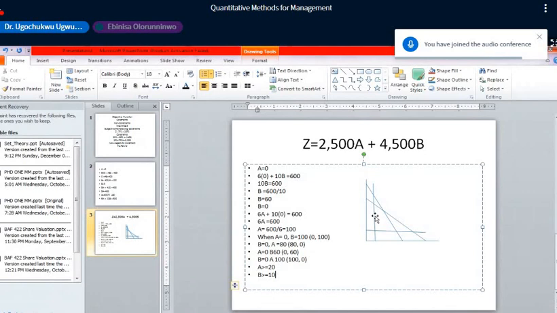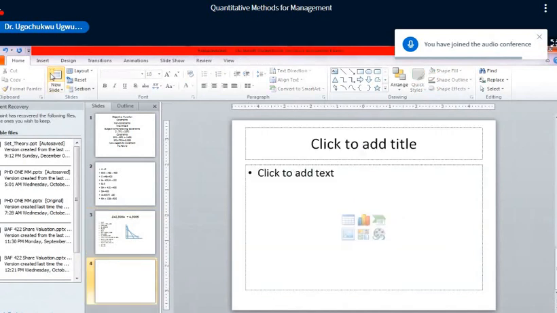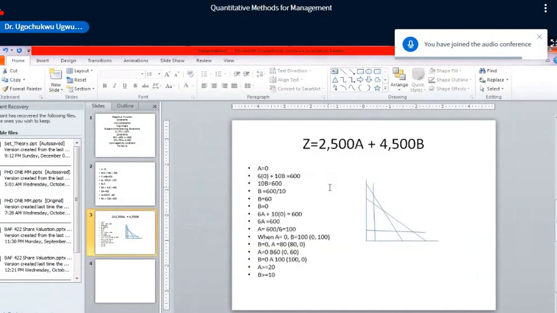Now, for the other points, how then do we determine the maximum point that we are going to be using? Let us see. Permit me to call this place, the intersection of A and B, point 1, this point we call 2, and this point we call 3, so that this point we call 4.